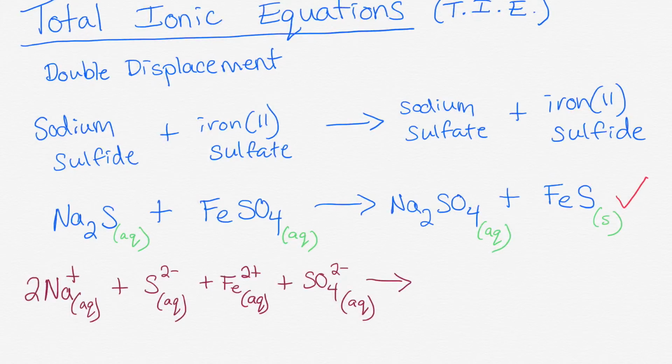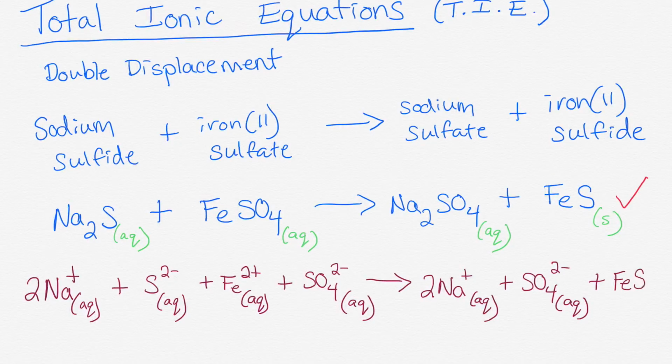And then I've got my reaction arrow, and my sodium sulfate is going to come apart in that same way. So I'm going to end up with 2 Na+ that are aqueous, and a sulfate that has a 2- charge and is aqueous. But the last compound that we have here, the iron(II) sulfide, is a solid. So it's not going to dissolve in the water and form ions.